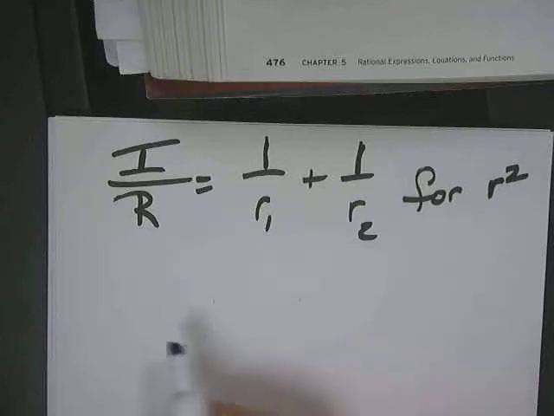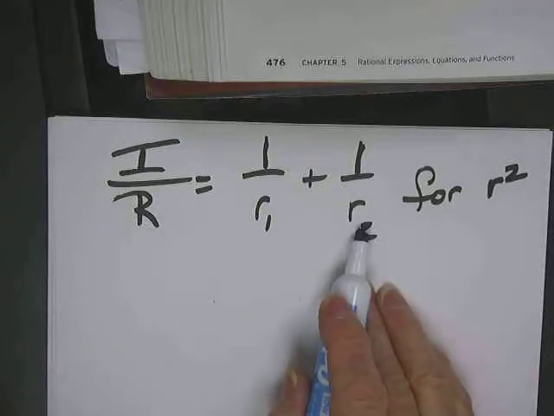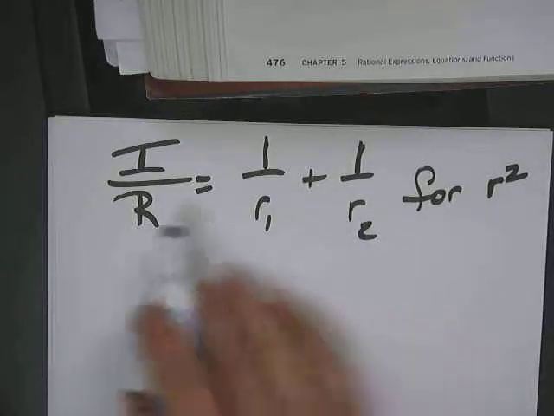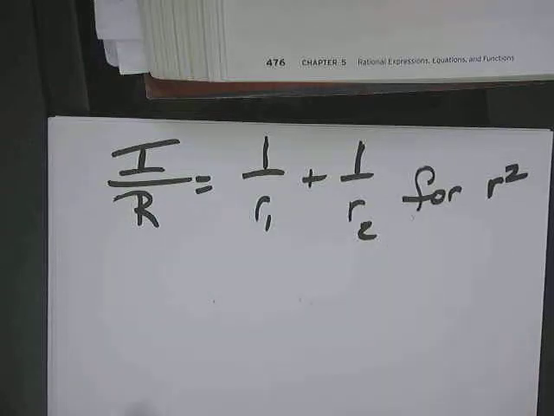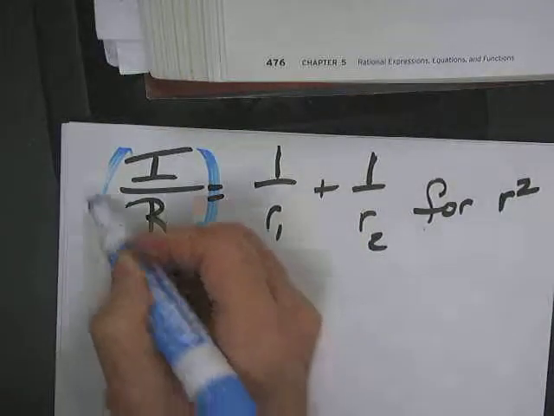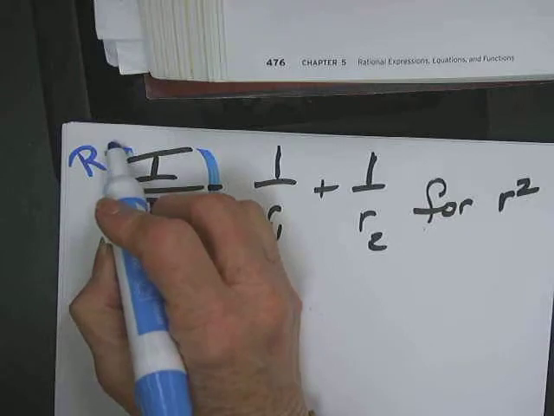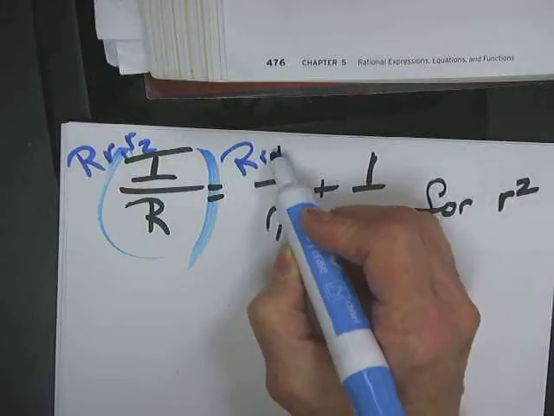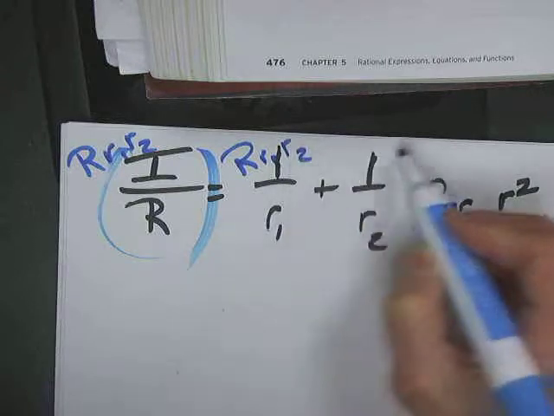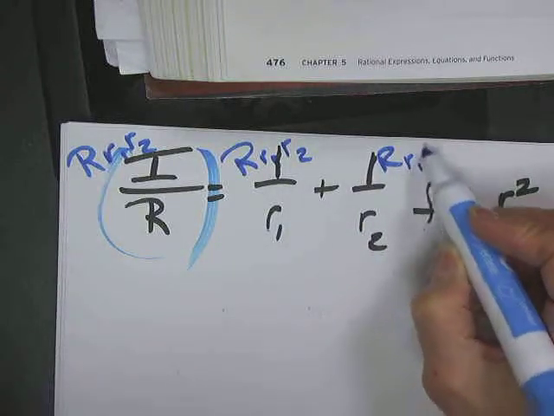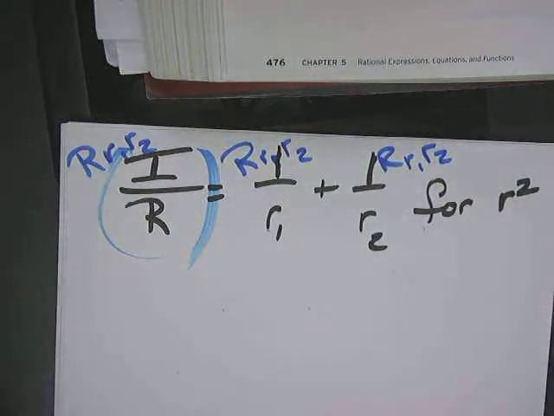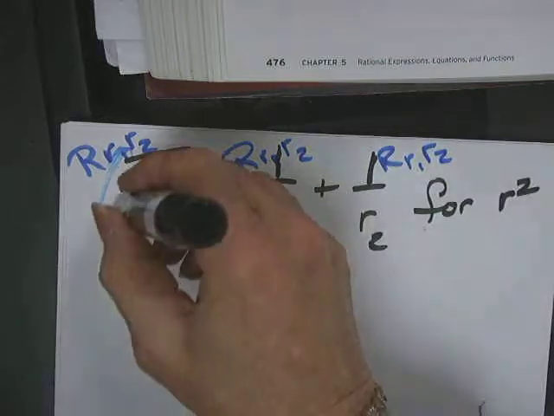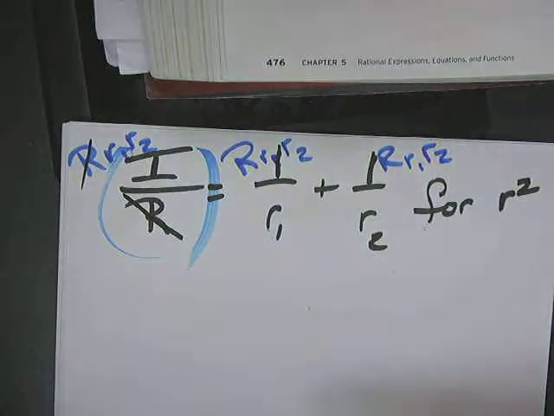If not, you're just now learning. Make sure you multiply by the common denominator. Which the common denominator, there's nothing in common, so it's all 3 of these. So you need to multiply by R, R1, R2.